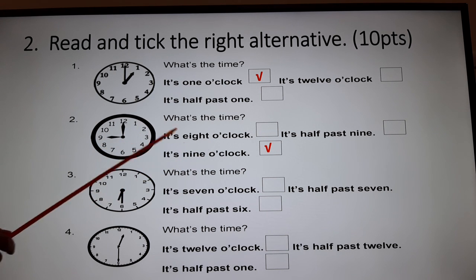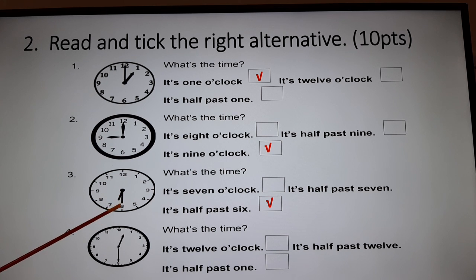It's 9 o'clock. We have the shorthand on 9 and the long one on 12. What about number 3? It's 6:30. Look, we have the shorthand at 6 going to 7, and the long hand on 6, that is 30 minutes. We say it's 6:30.